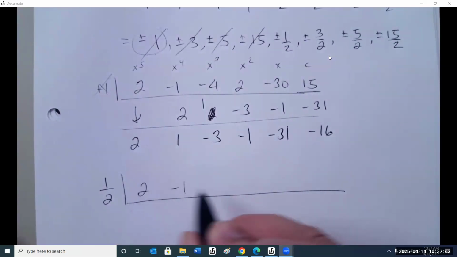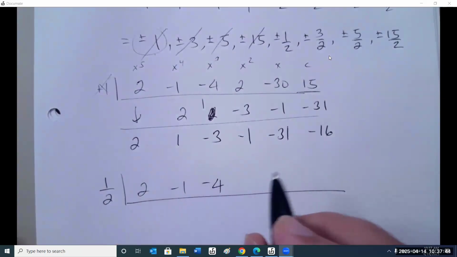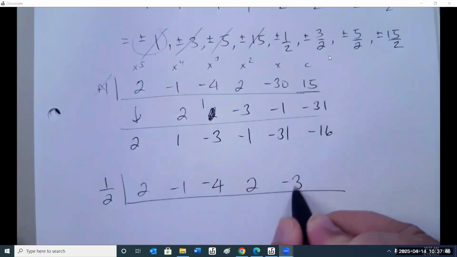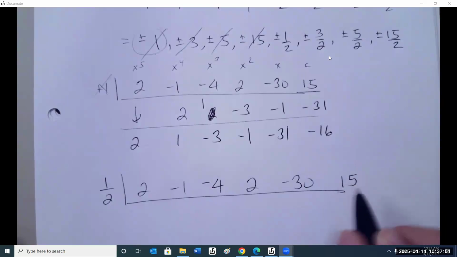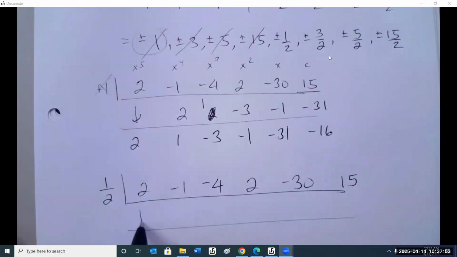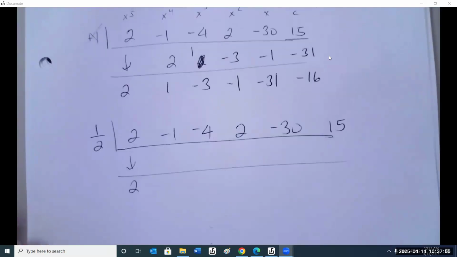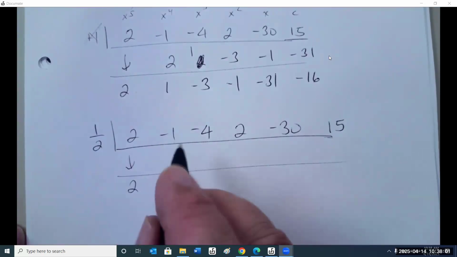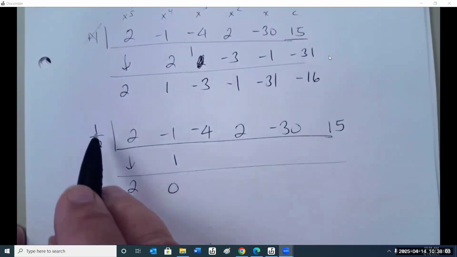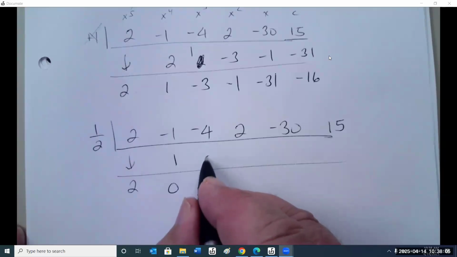We have 2, -1, -4, 2, -30, 15. So 1/2 times 2 is 1. 1 minus 1 is 0. 1/2 times 0 is 0.